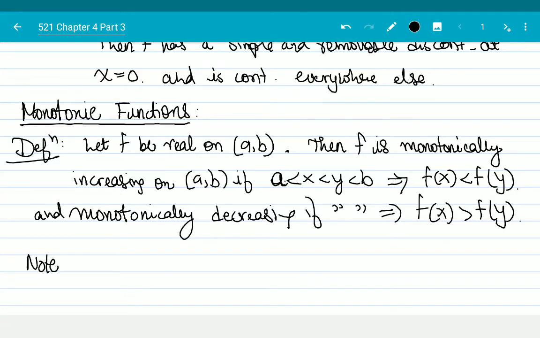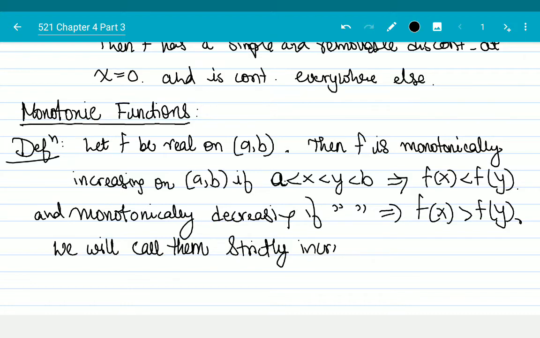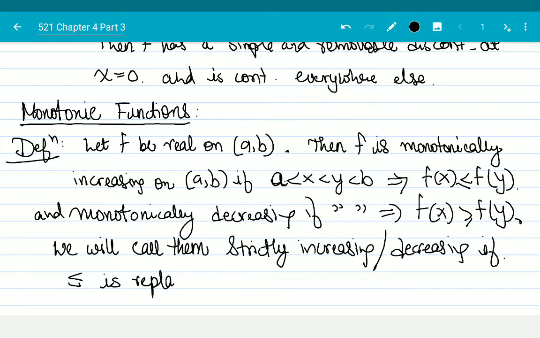Note. Well, let me just write it as a separate thing. We will call them strictly increasing or decreasing if, so these conditions are smaller than or equal to or greater than or equal to, my bad, if smaller than or equal to is replaced by strictly smaller than.